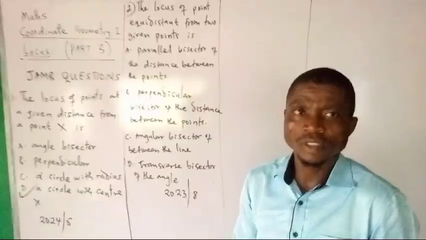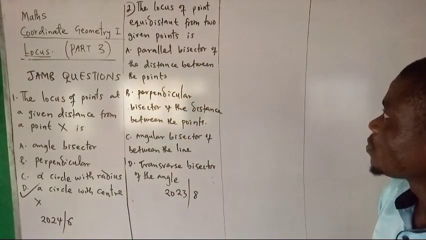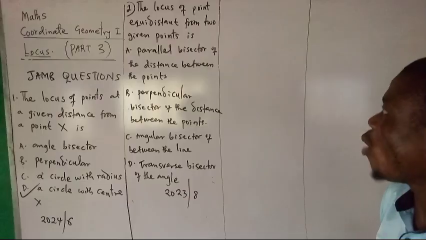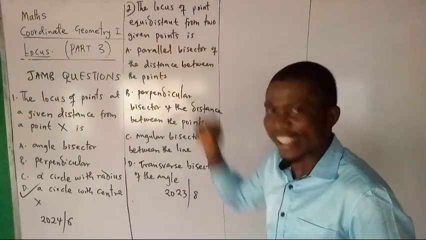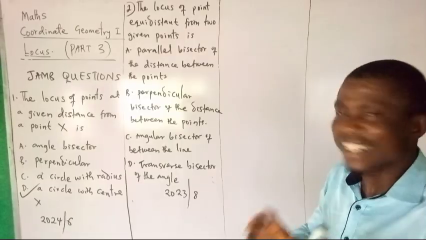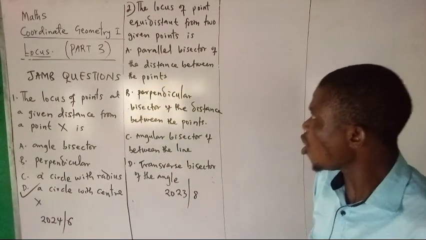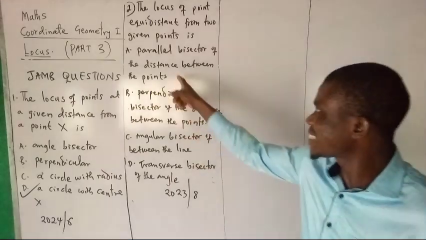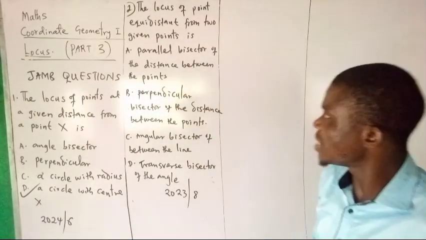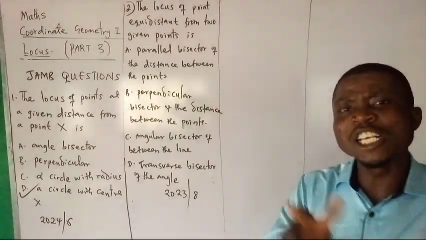Next question. The locus of points equidistant from two given points is dash. Option A, parallel bisector of the distance between the points. It can't be parallel bisector, because there are two fixed points.